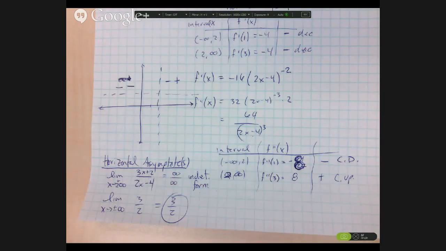Okay, so we know our horizontal and vertical asymptotes, increasing and decreasing behavior, and our concavity. Where do we place the function? Well, we know that if it's negative, negative, it's going to go like that.